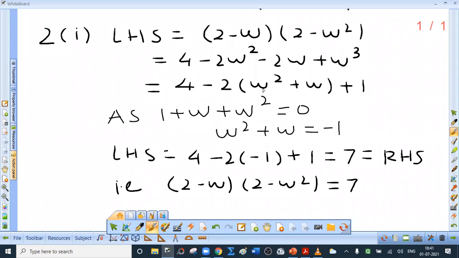You may say, can we write here only 1 plus omega square minus 1? Why? Because it is just omega square plus omega. But we will add 1 so that this becomes 0. We cannot just add 1, we have to subtract 1. Yes, that is why this is minus 1. But some students do not understand this. That is why I have written this separately.